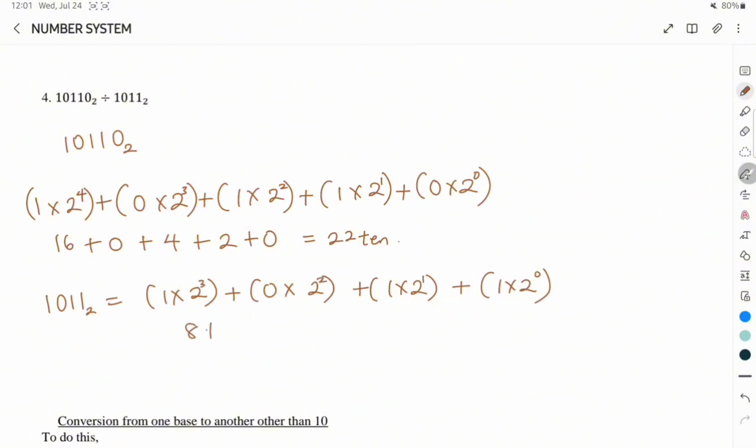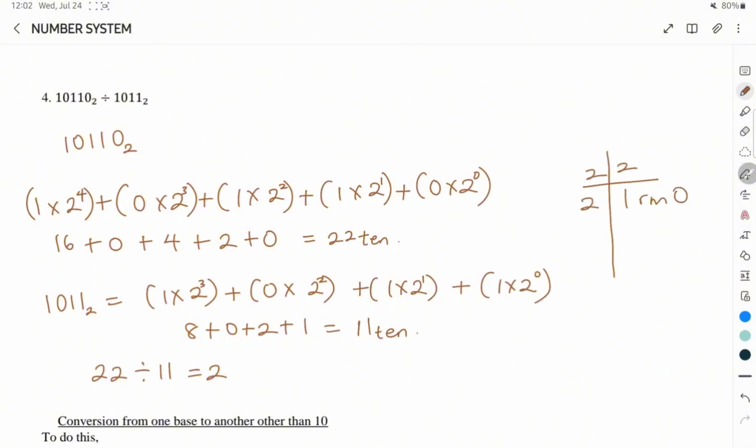That will be 8 plus 0 plus 2 plus 1, and that's 11 base 10, which means 22 divided by 11 in base 10 will give us 2. But 2 is not our answer. That means we are going to convert 2 to base 2. So 2 divided by 2, 1 remainder 0. Then 1 divided by 2 is 0 remainder 1. So that means the result of this division is 10 base 2.